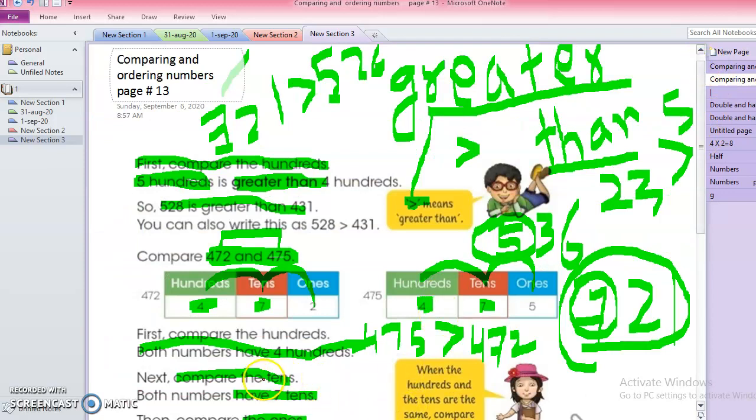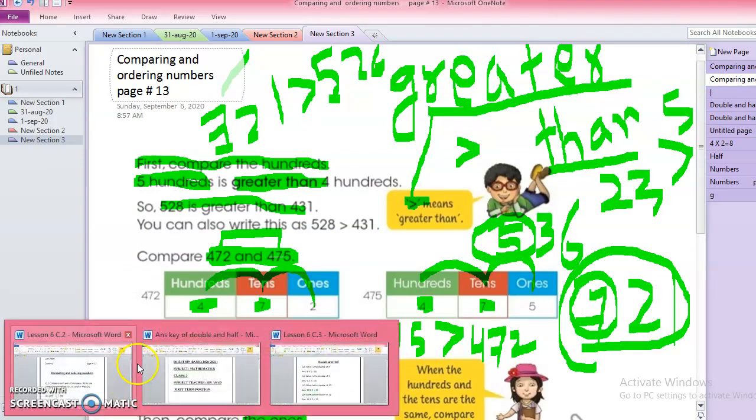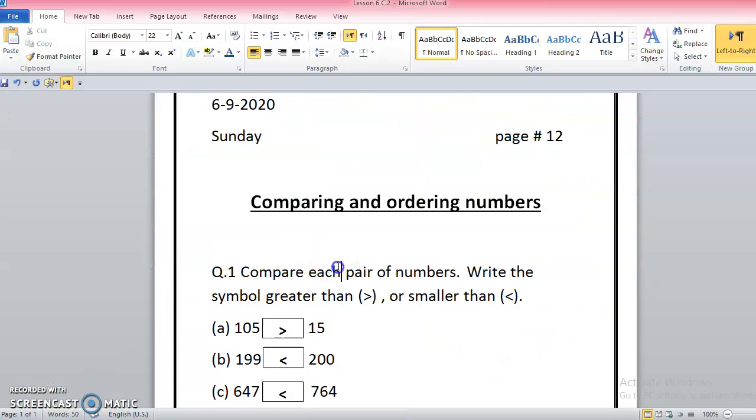I write in the question here, compare each pair of the numbers and write the symbol greater than or smaller than. So this is the symbol of greater than, and this is a symbol of smaller than.